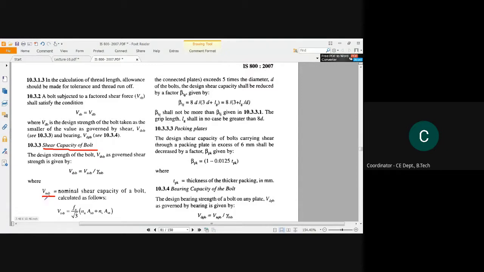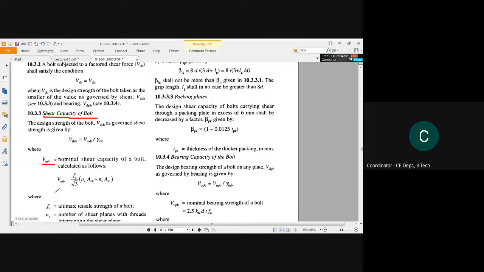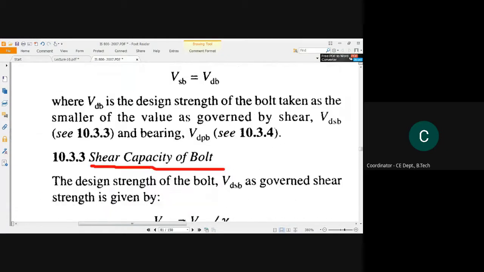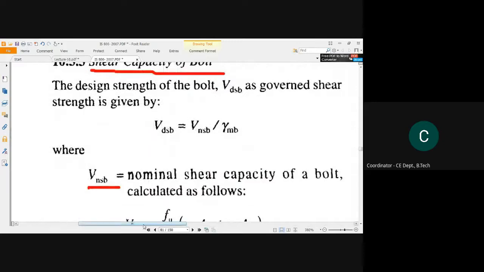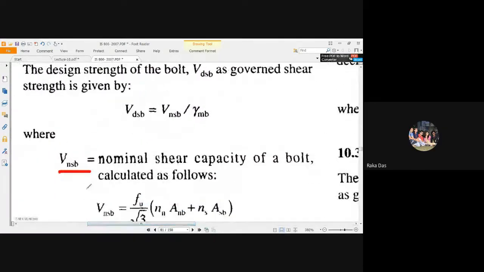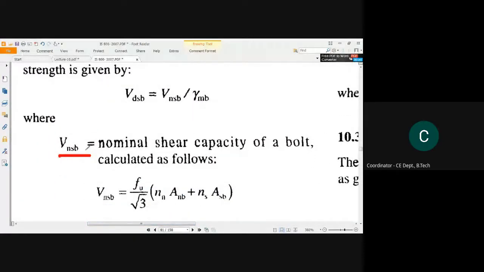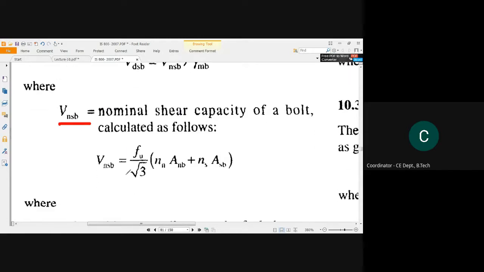Can you see that clearly? Yes, ma'am. Okay. So Vnsb is represented as the nominal shear capacity of bolt. Here we are judging the bolt as per its shear capacity by this formula.